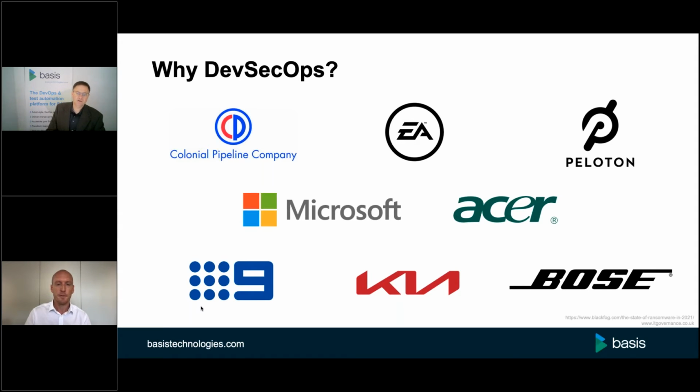And keep in mind that the reason DevOps became a thing for software developers is because it allowed us to deliver change more frequently, but also do it at lower cost and with higher quality. There's really no difference here. We need to be able to deliver security. We need to be able to make it more present.